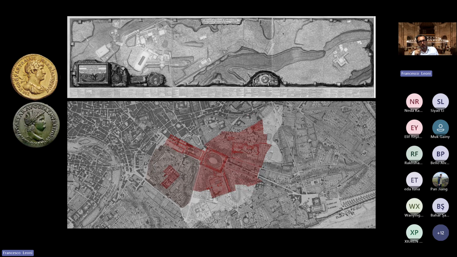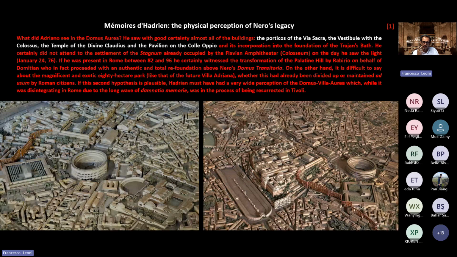Our point is to begin to understand how many connections there are between the two settlements. Basically, the biggest difference is in the position. In fact, Nero's villa was inside the heart of the city of Rome.